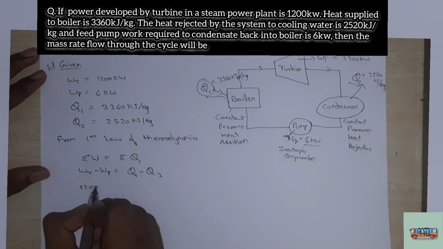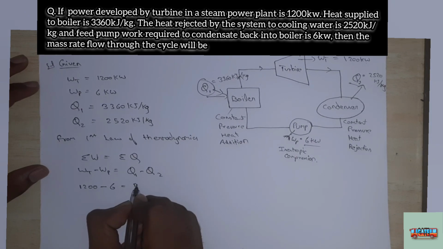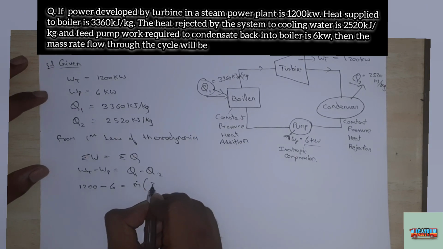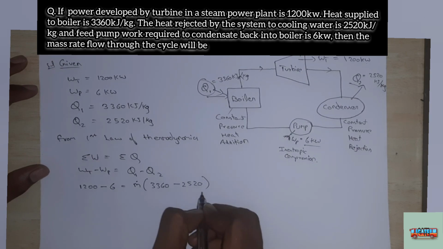So 1200 minus 6 equal to mass into 3360 minus 2520.